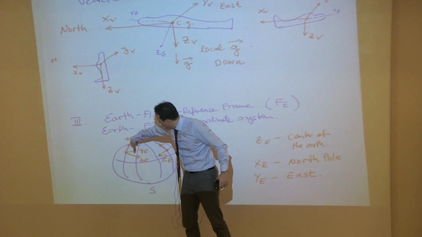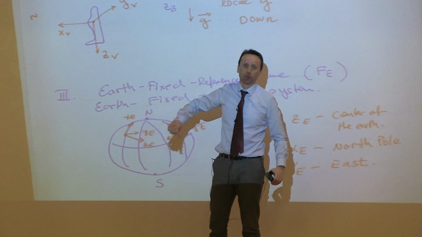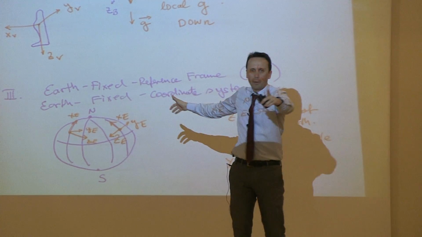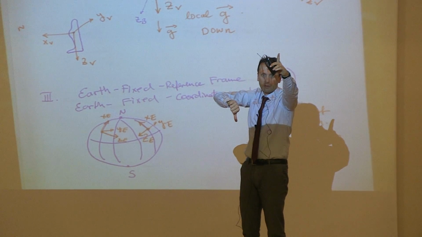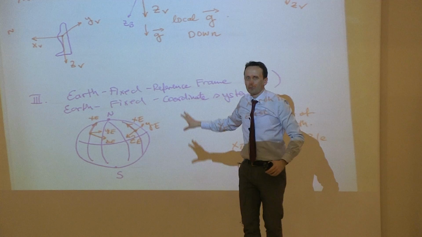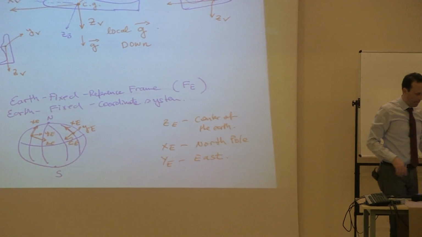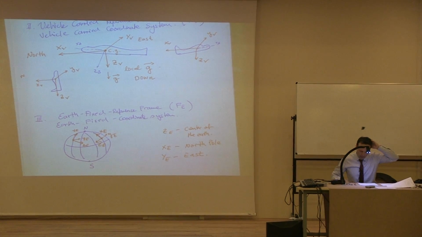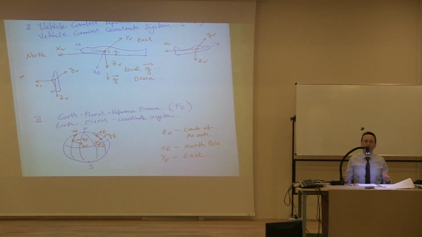It's not very apparent from this picture, but it must be pointing towards the center. So ZE pointing down. So it doesn't matter which way I look, okay? If this is north, this is east, ZE pointing downwards. It's not a very good picture, but it's a pretty picture at least, okay? Is that okay? Any other questions?